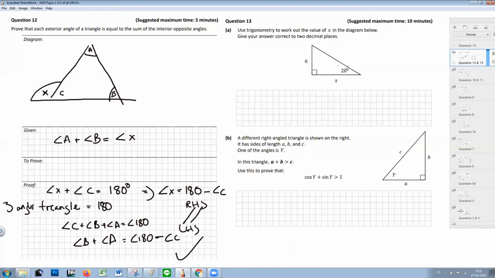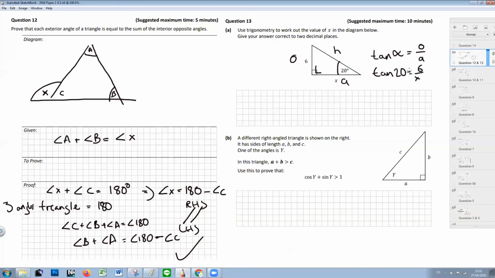Okay, use trigonometry to work out the value of X in the following diagram. So here you have 6 and 20 degrees. So this is going to be a 90-degree angle. So this is going to be your opposite because your angle is here. So this is going to be your adjacent, and this is going to be your hypotenuse. You're looking for this, you have this. So it's going to be your tan, because tan of alpha is equal to opposite over adjacent, or tan of 20 is equal to 6 over x.